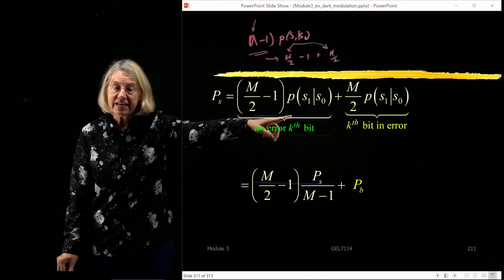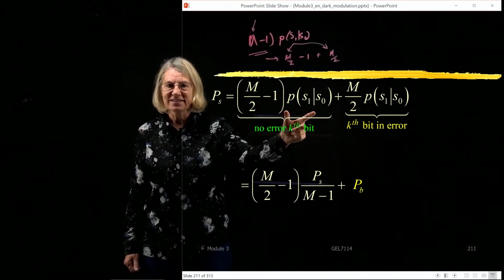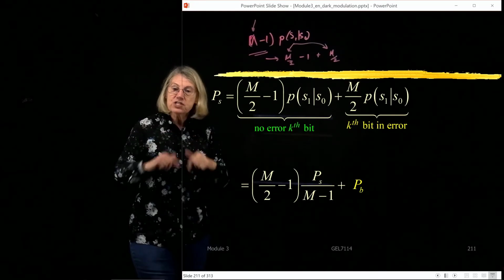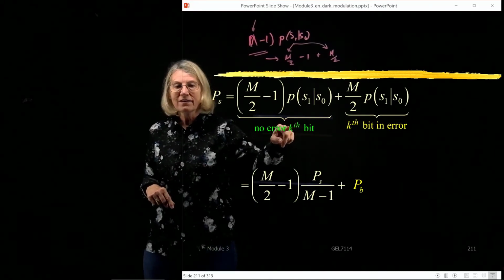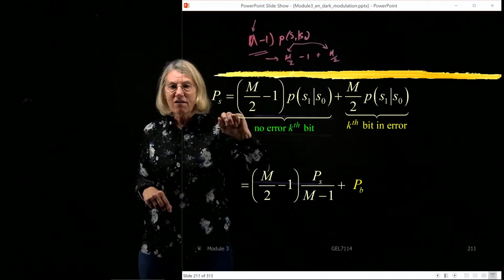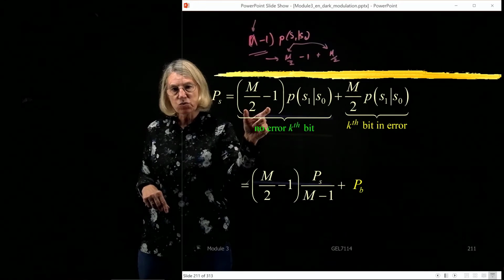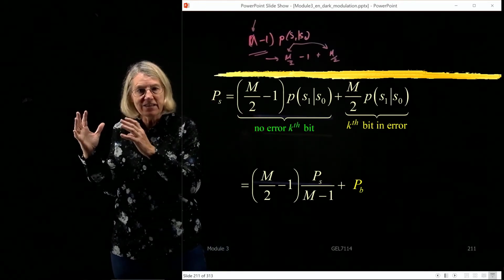So that's what I'm looking at here. I have m over 2 minus 1 times this conditional probability, and then I have m over 2 times the same probability. But now I interpret what's going on there. I say this one is when there's no error in the kth bit. These m over 2 minus 1, that group, had no error in the kth bit.